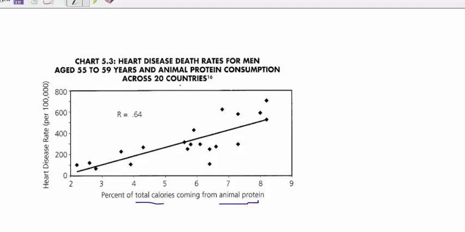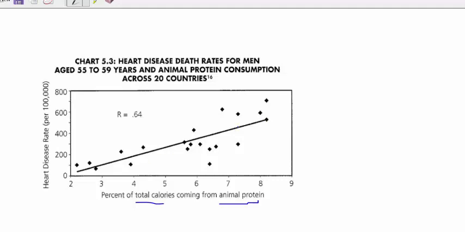So different demographics, different DNAs, things like that. When the amount of calories coming from animal protein is very low, the heart disease death rates are down, and then it increases as the animal protein intake increases.